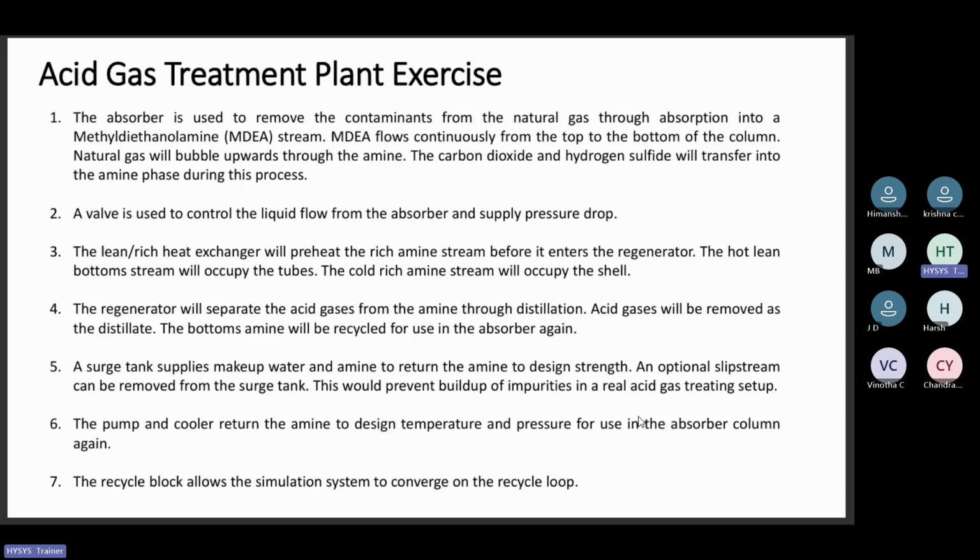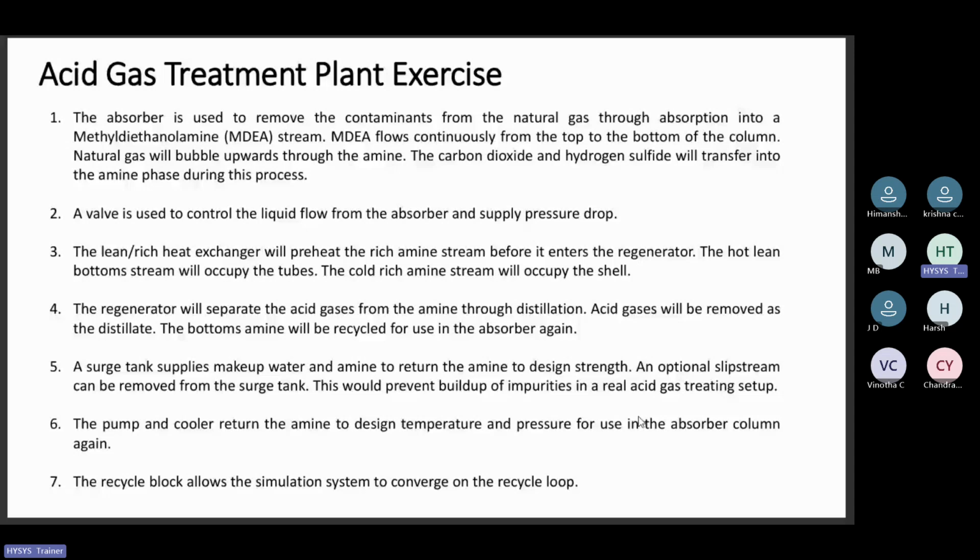A surge tank, which is also called a makeup tank, supplies the makeup water and amine to return the amine to desired strength. An optional slipstream can be removed from the surge tank. This would prevent the buildup of impurities in a real acid gas treatment process. The pump and cooler are further used to return the amine to the desired temperature and pressure for use in the absorber column again.